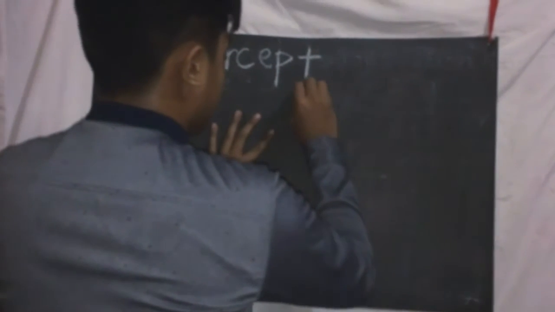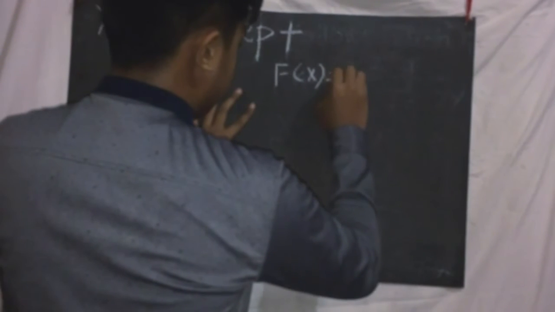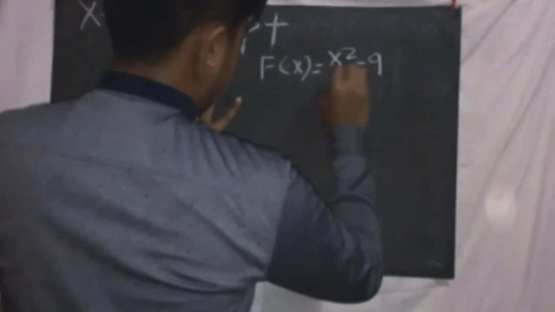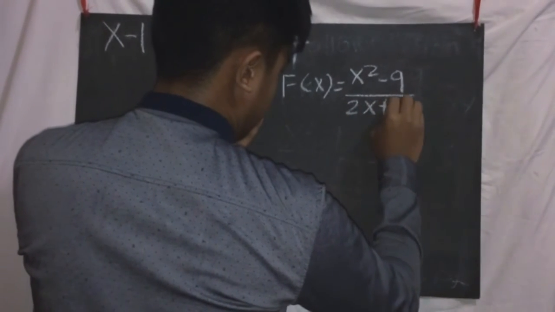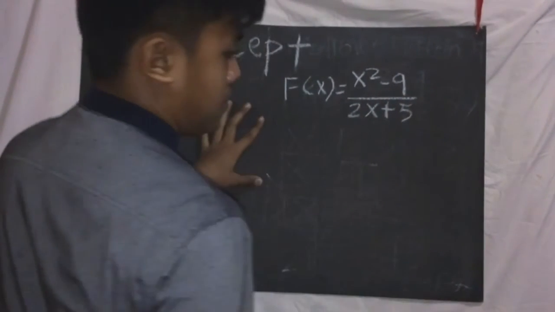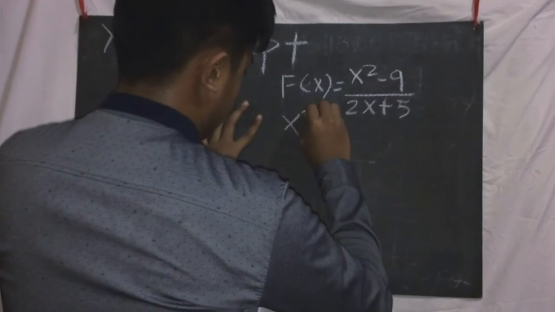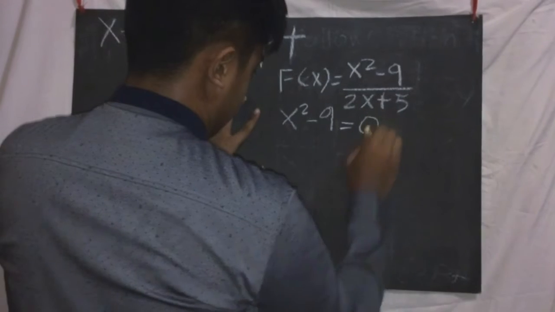So the example is f of x equals x squared minus 9 over 2x plus 5. First, we should set the x squared minus 9 to 0, so it becomes x squared minus 9 equals 0.